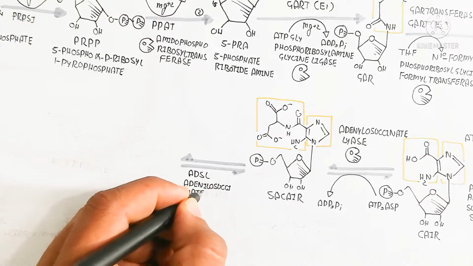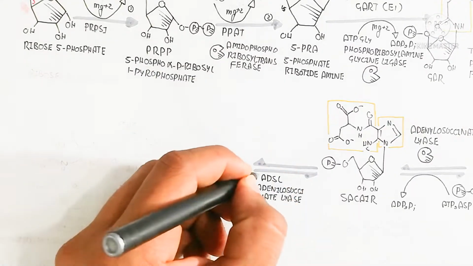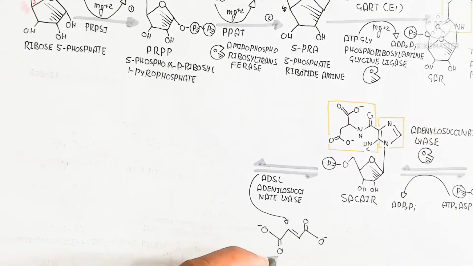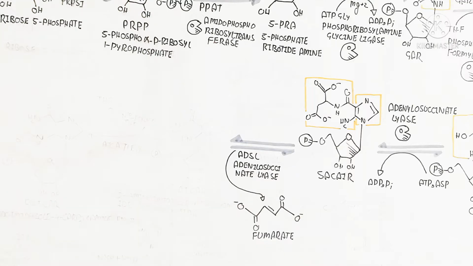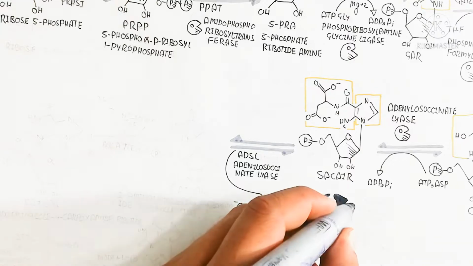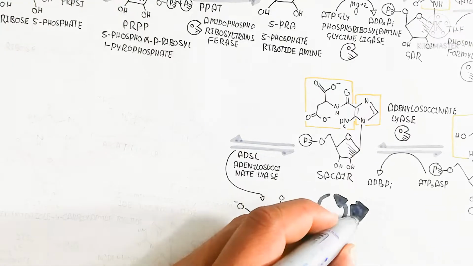In this way, you can see aminoimidazole ribotide, and after this formation, basically there is the succinyl aminoimidazole carboxamide ribotide formation.